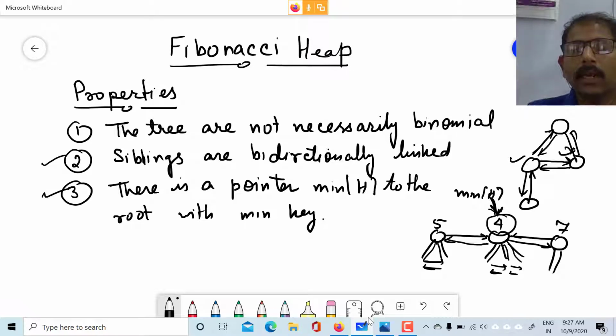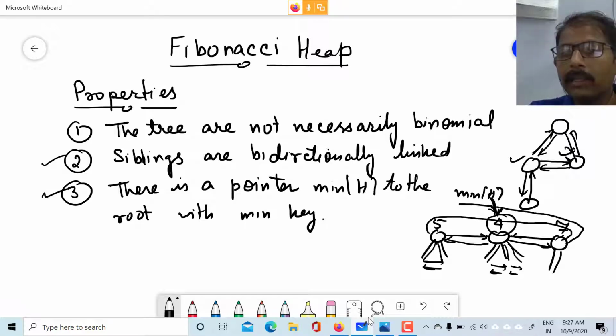This is necessary. It was not necessary in the case of binomial heap, because there was a start node and no concept of bidirectional links. Because this is bidirectional, it is a cycle type formation.